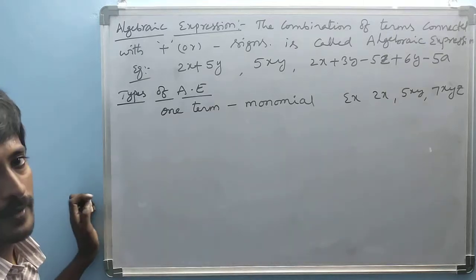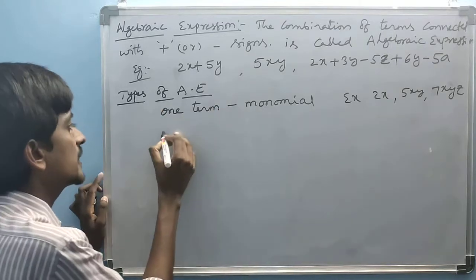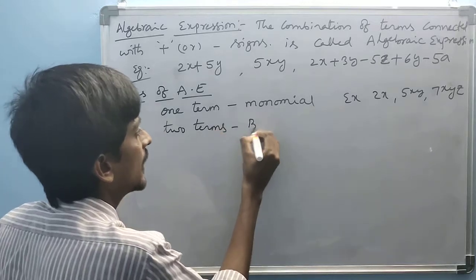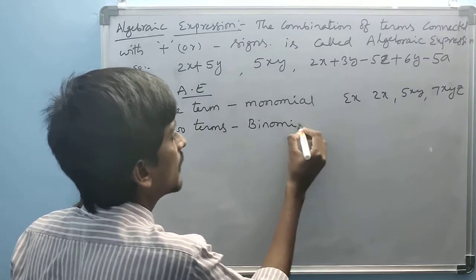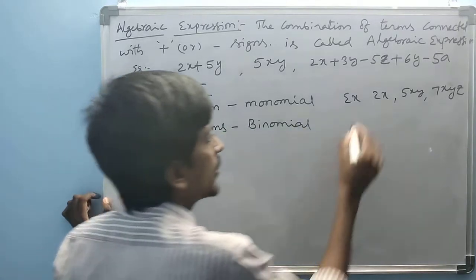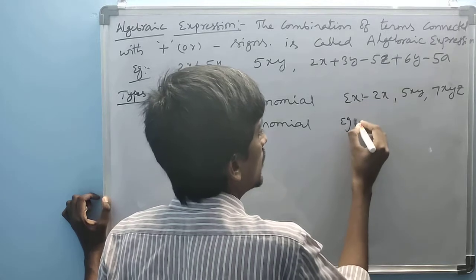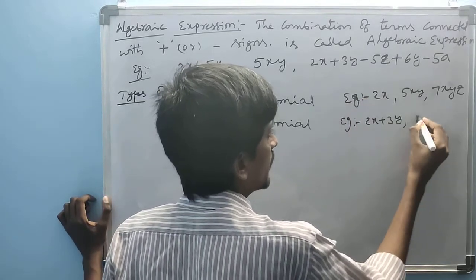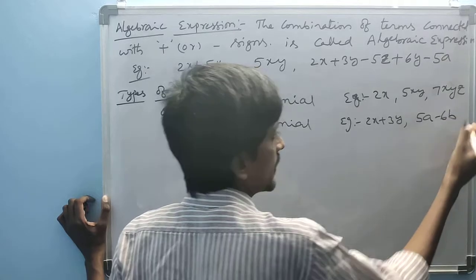That is a monomial. If an algebraic expression contains two terms, that is called a binomial. Example: 2x plus 3y, 5a minus 6b.